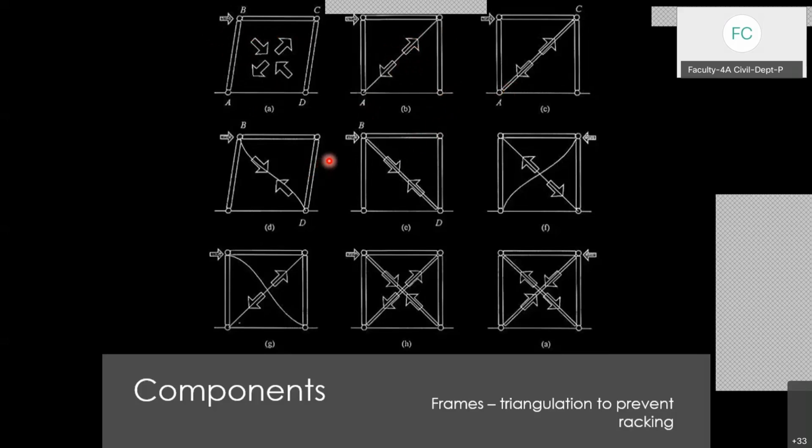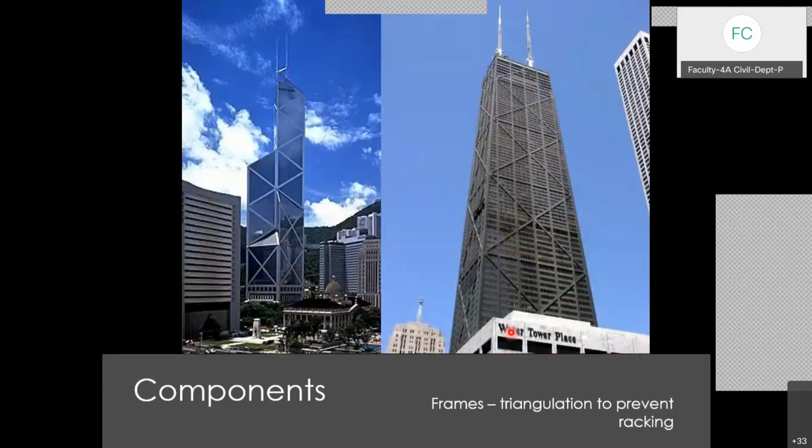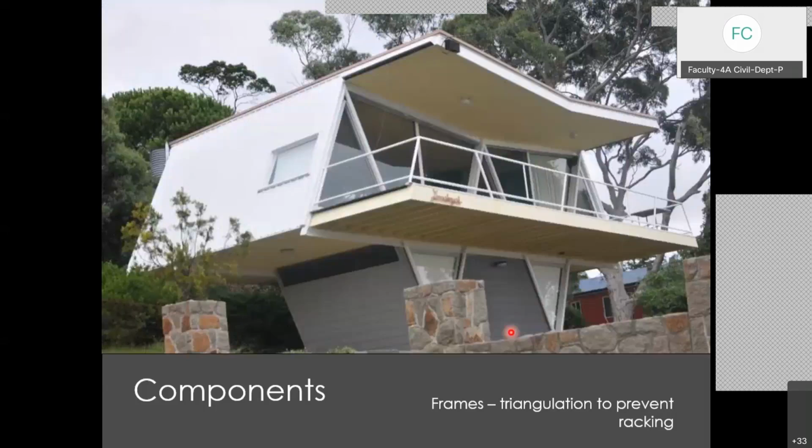In that case, just like here in the H diagram, you can easily see that the deformation which was earlier in this A diagram has decreased. So this is why most of the time this triangulation part is provided.